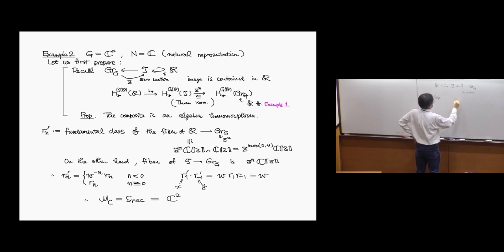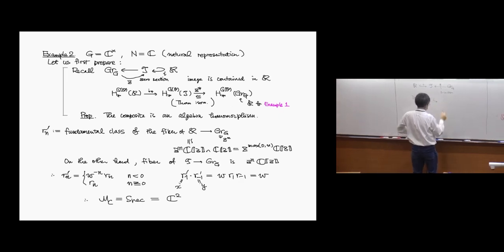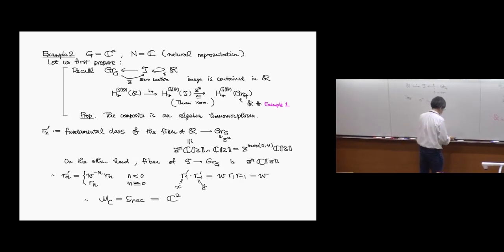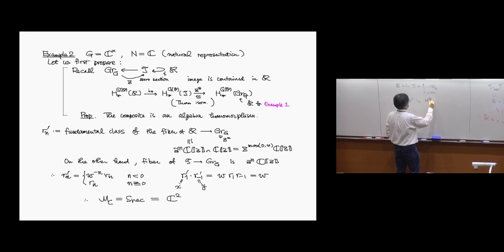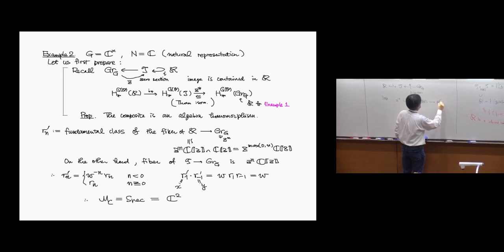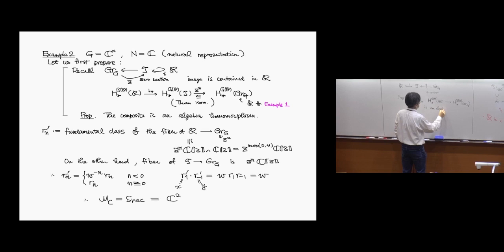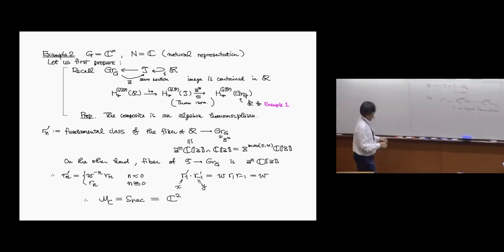Then the proposition. So you consider i star times pullback by Z. So this is a map from, this is a general result for arbitrary G and N. This is an algebra homomorphism.